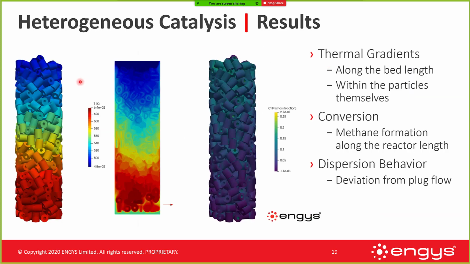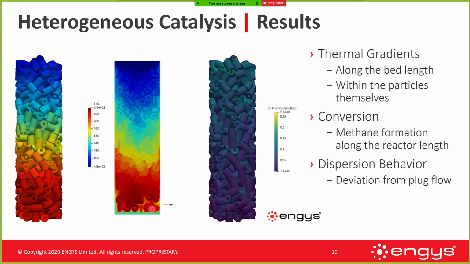So in terms of results for the interstitial flow, we can immediately notice thermal gradients. We see in the very beginning, the entrance of the reactor, we see very hot, and then we see it start to slow down or at least start to cool off a little bit. So towards the outlet, it's a little cooler.